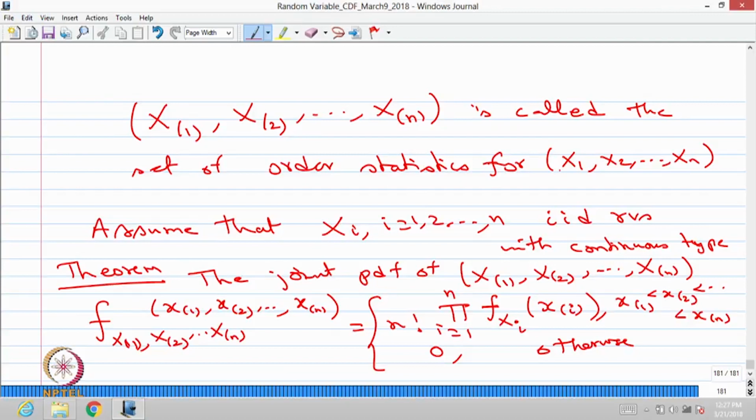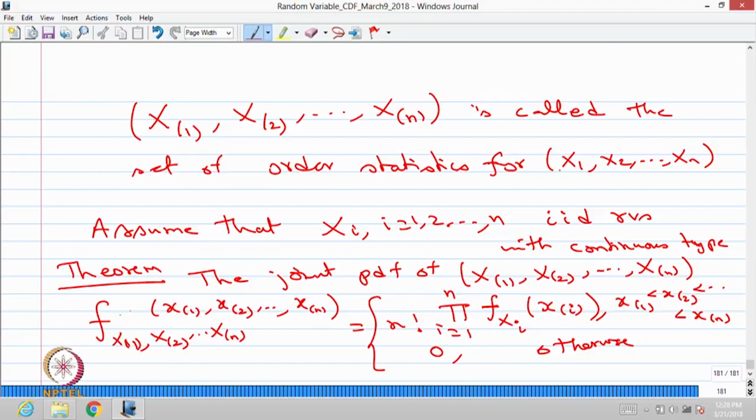But since these random variables are IID random variables, in the right hand side, instead of the joint probability density function of the xi's, we have the probability density function of xi itself: n factorial times the product over i equal to 1 to n of the probability density function of xi, substituting the values xi by x of bracket i, between the interval x of 1 less than x of 2 and so on till less than x of n.